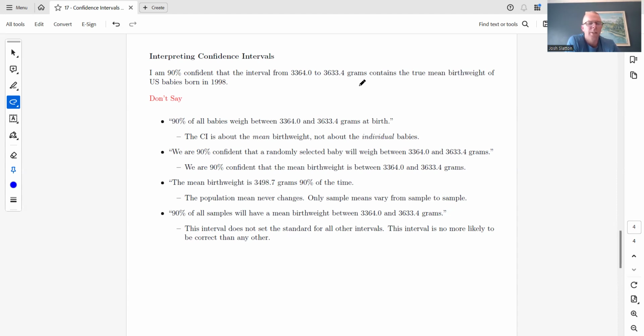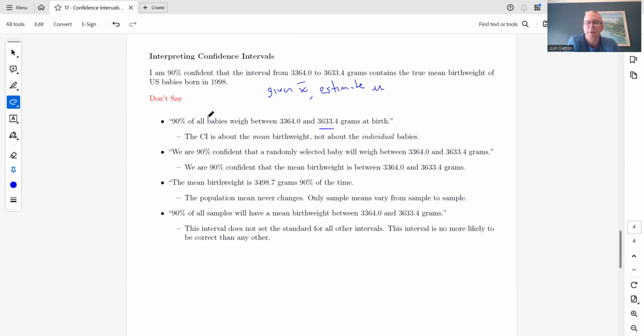So again, we are given or we find X bar, and we want to estimate mu. Sample mean, population mean. Let's look at some wrong ways to interpret this. First: 90% of all babies weigh between 3364 and 3633 grams at birth. The confidence interval is about the mean birth weight, not all babies.